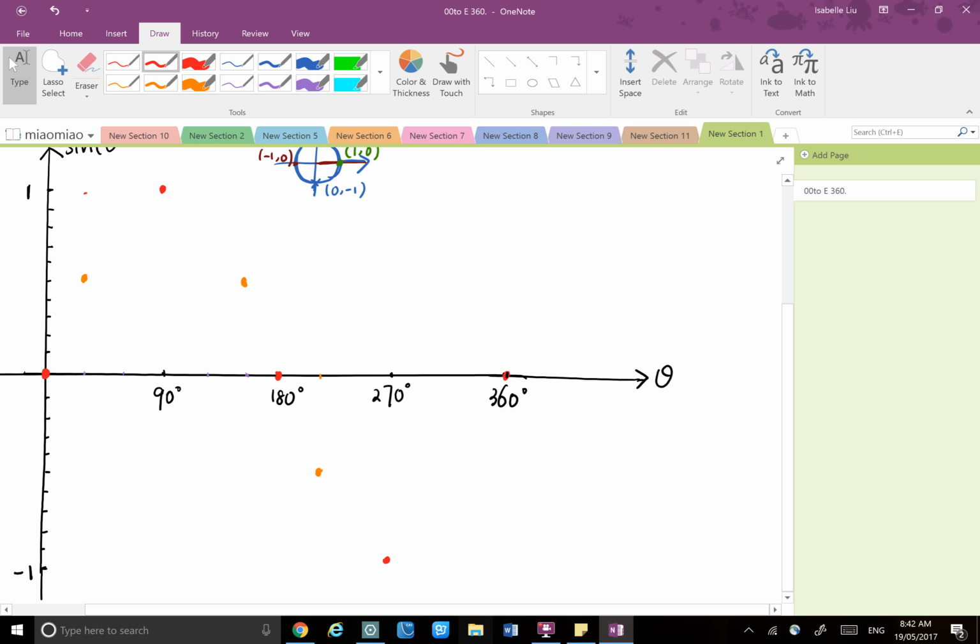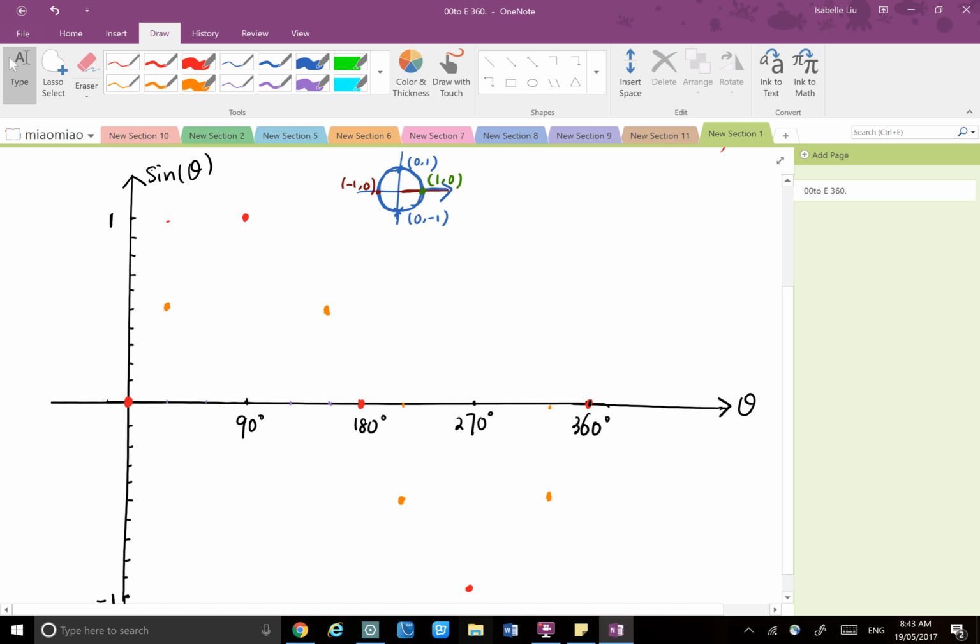So 330 is somewhere here, and negative a half is here. I think I have plotted enough points. I keep adding points on. You can see the trend of this graph if you connect them.